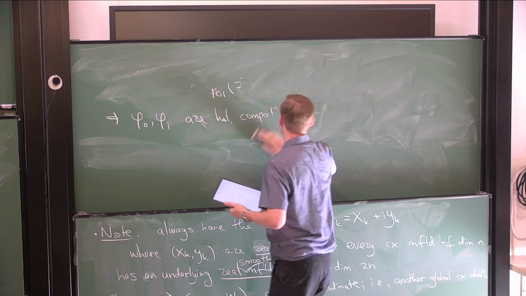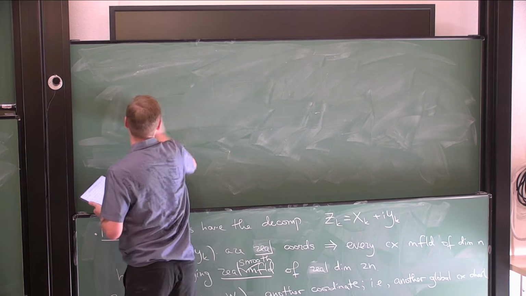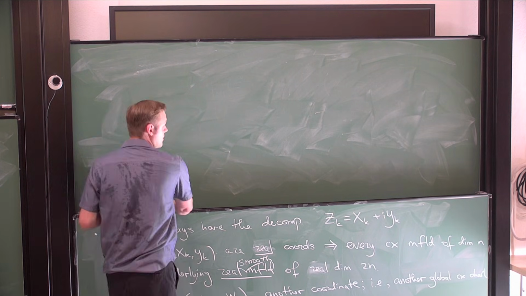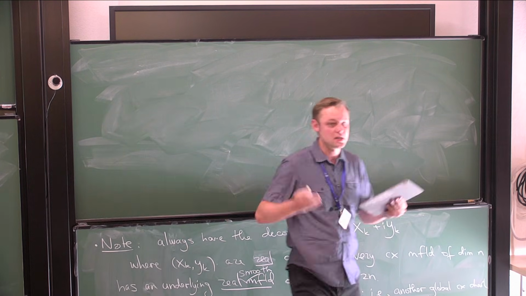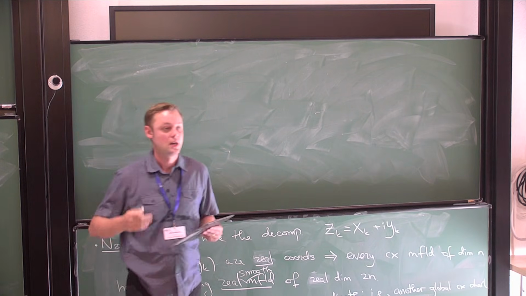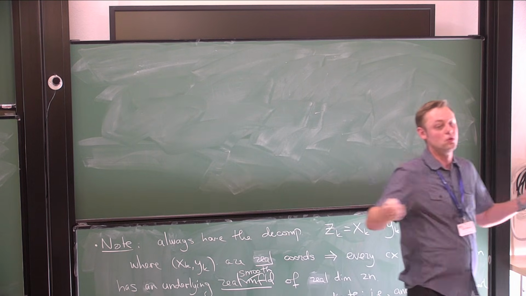Okay, so what do I use this lambda for? I use it to define an equivalence relation on C^n. The equivalence relation is very simple. If I have two vectors in C^n, and I take their difference, if that difference lies in this lattice, then I call those two vectors equivalent.